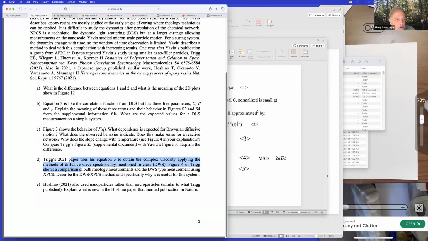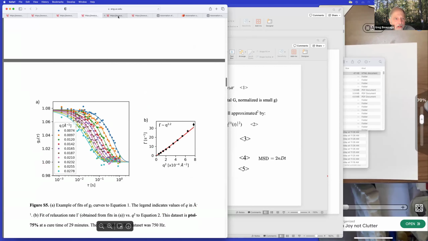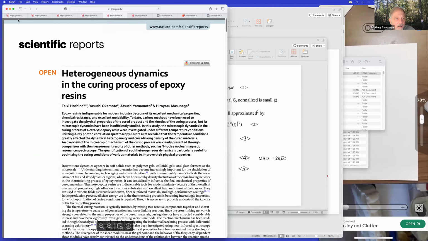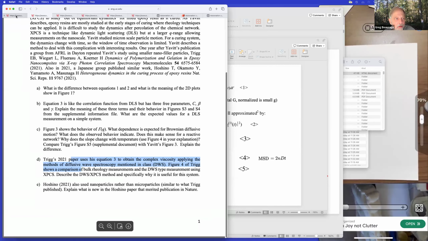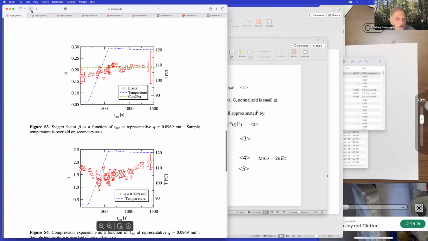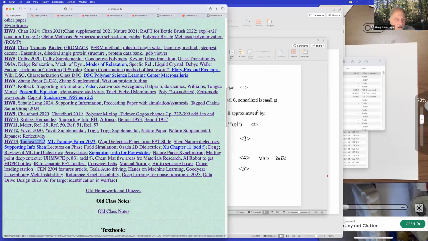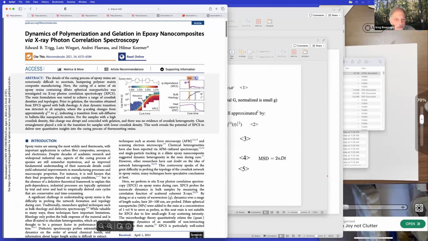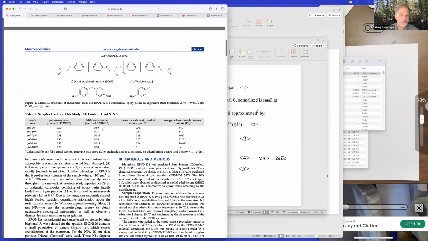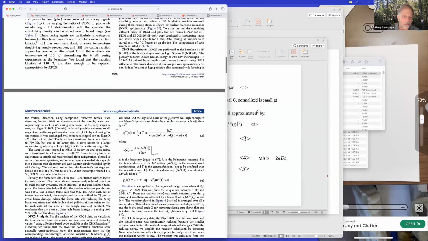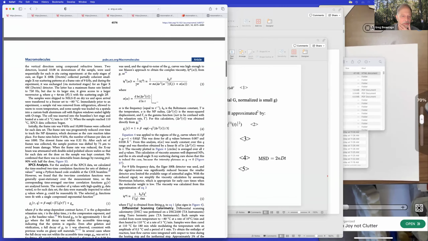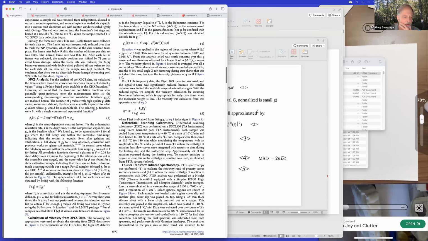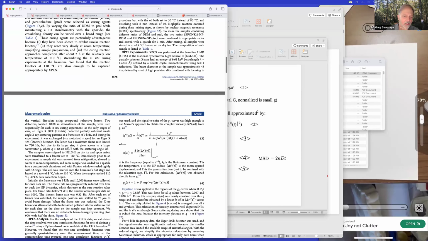So this group, the trig group, they do almost the same experiment, but with nanoparticles, and then kind of a more controlled polymer. But then they get the complex viscosity, which is something that you can get by using the particles that they put in as a tracer to measure the viscosity of the matrix.